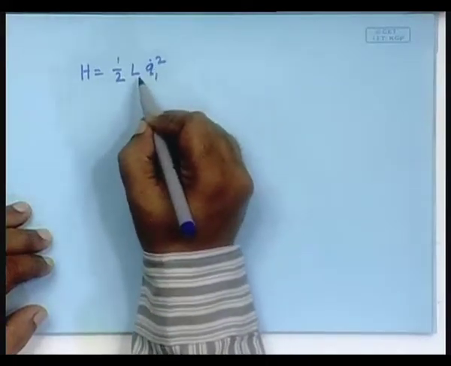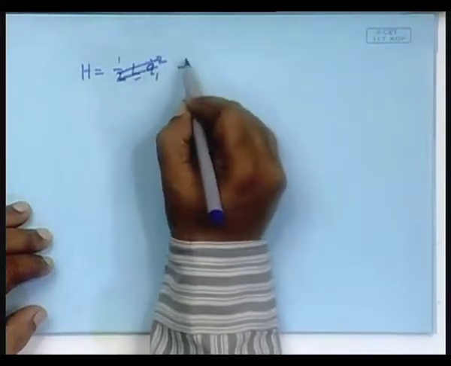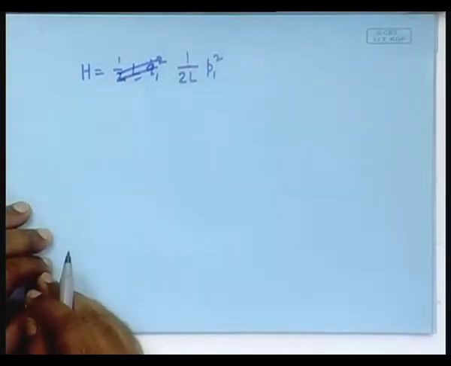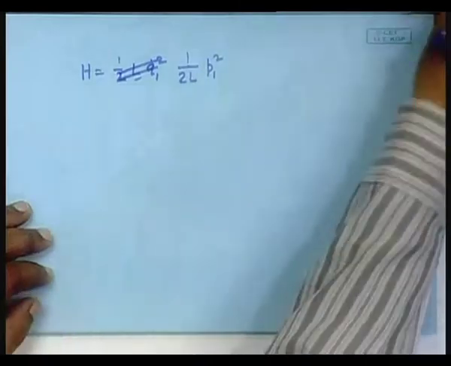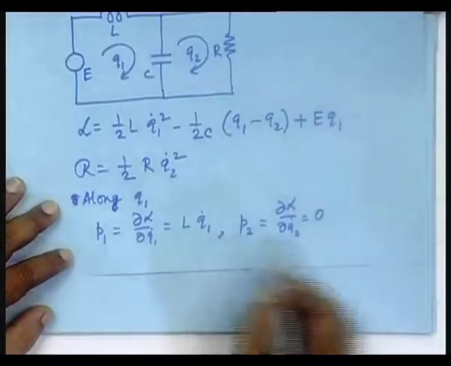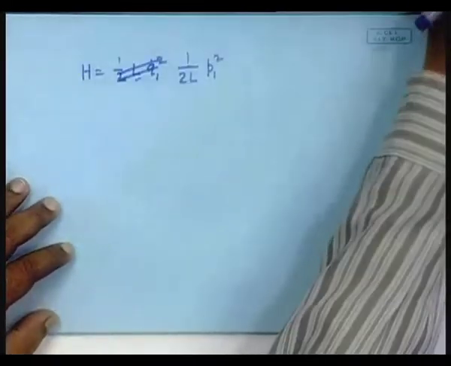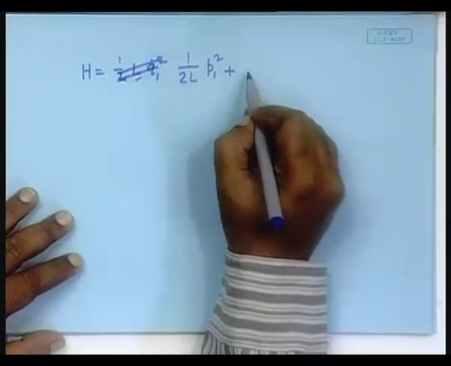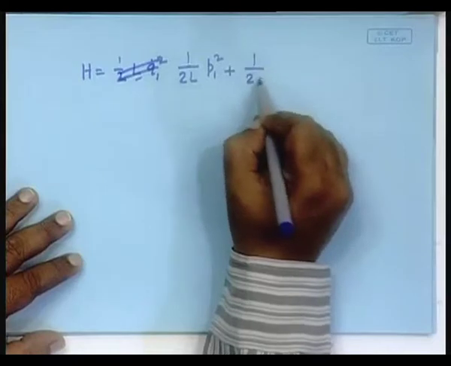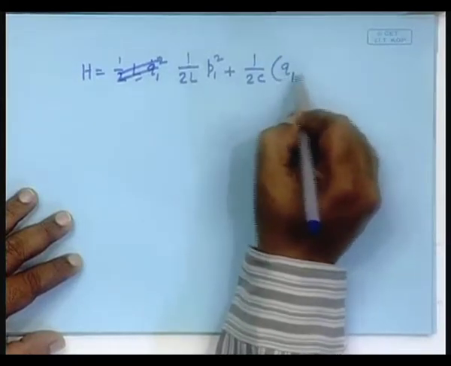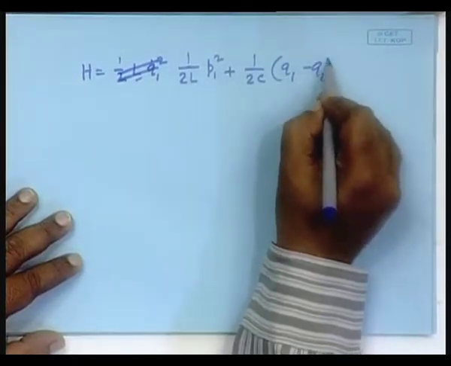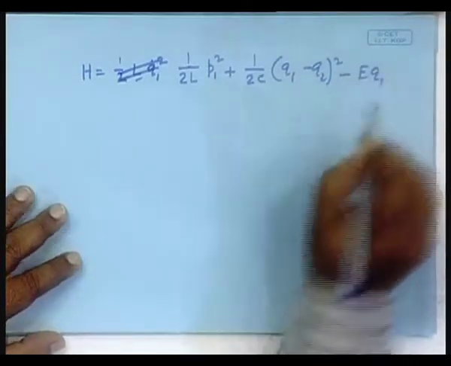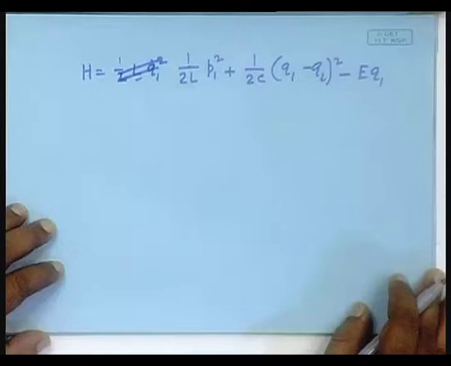So, we will write it as 1 by twice L P1 square, right, using this, plus the potential function. It is 1 by twice C (Q1 minus Q2) square minus E Q1, done. That is the Hamiltonian function.